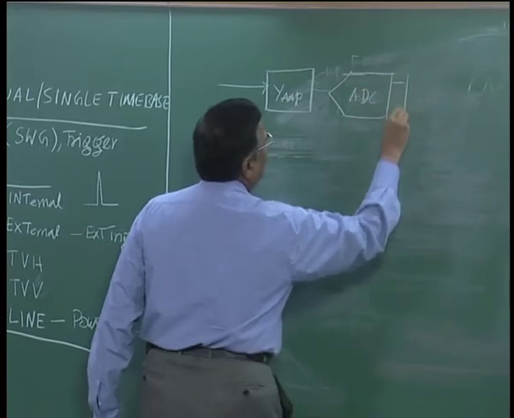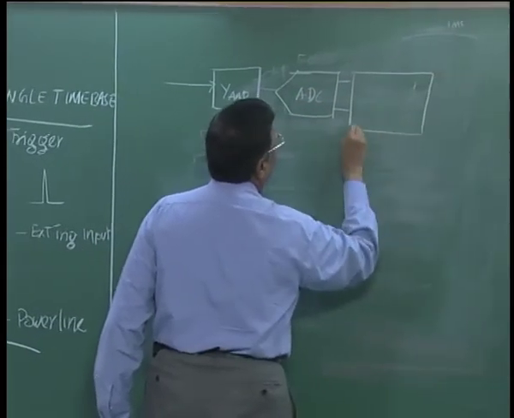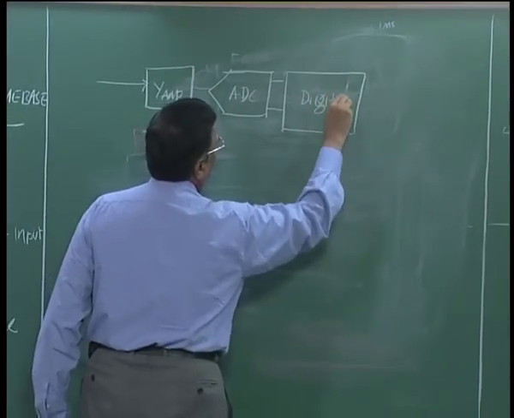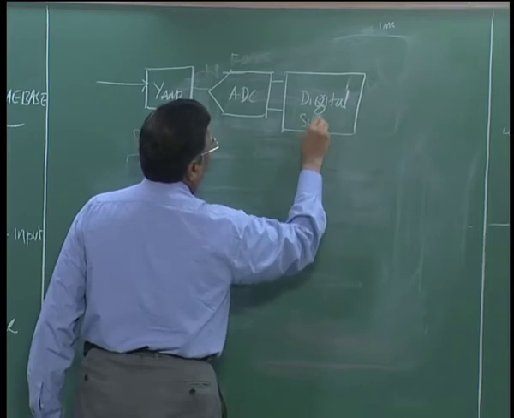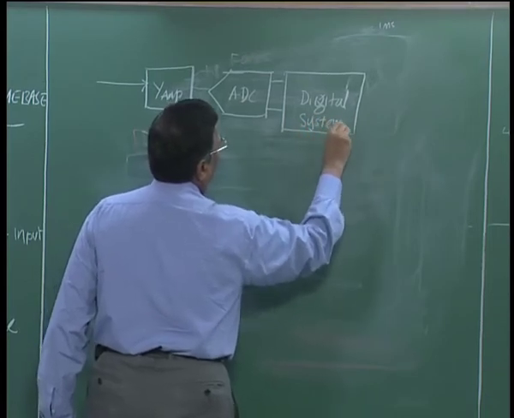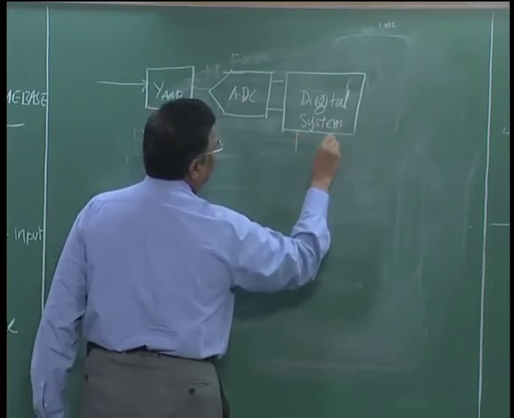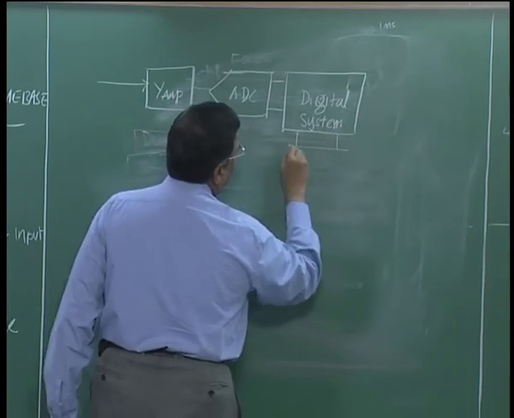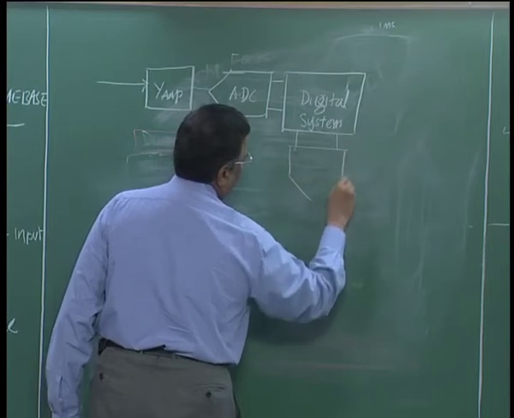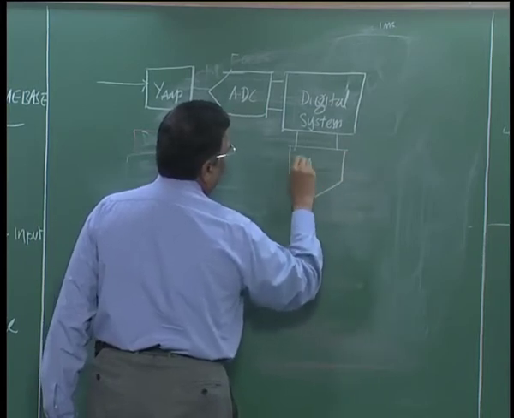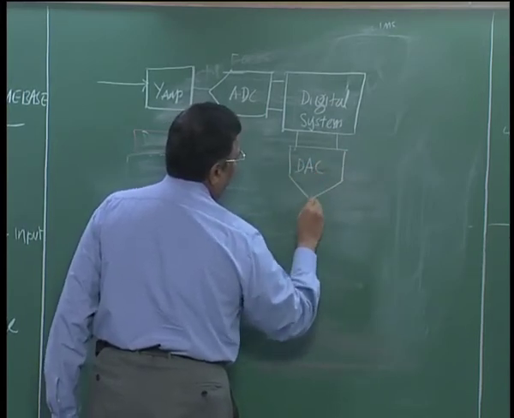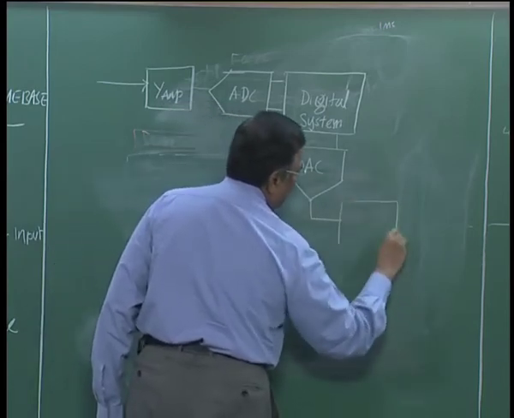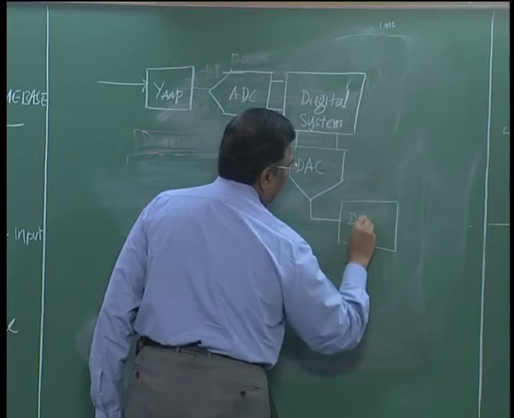The analog to digital converter goes into a digital system, and the digital system has a digital to analog converter. I call this DAC, and this DAC output is displayed on a display.